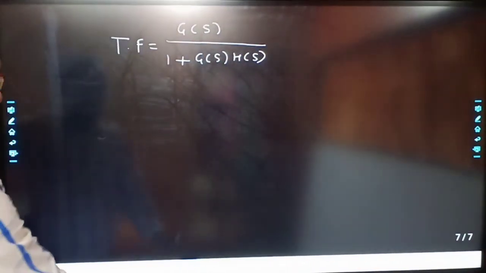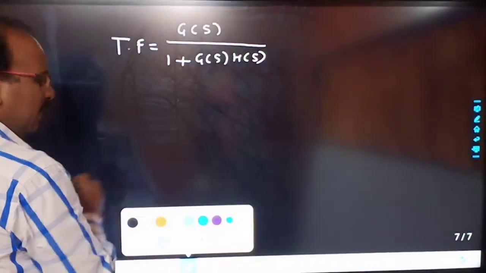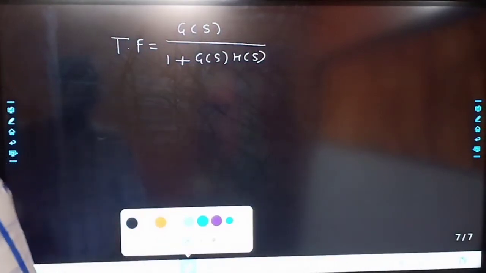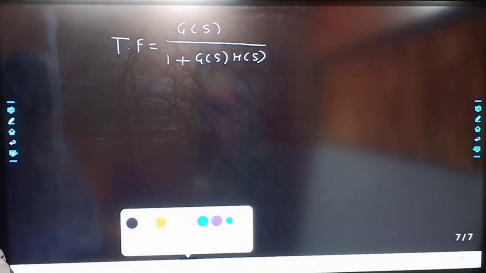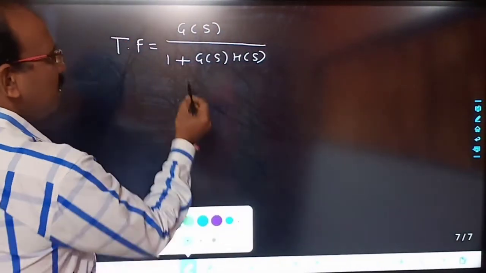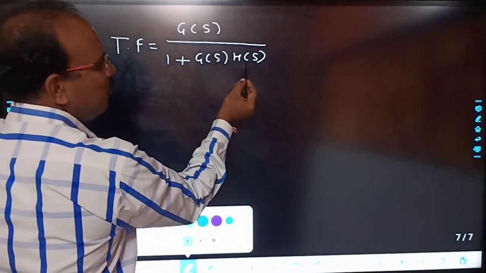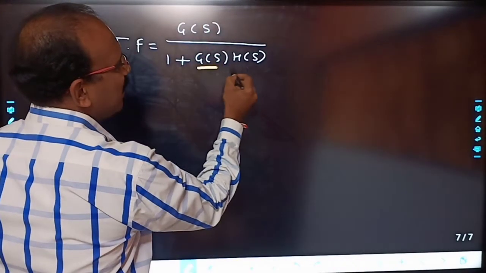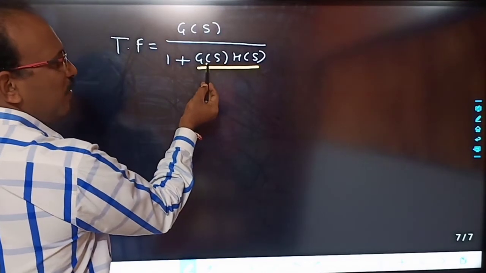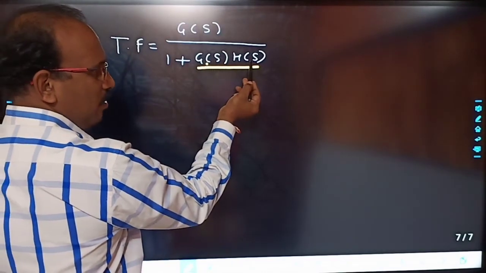This g of s part is called the forward part, and the whole system has forward and feedback.